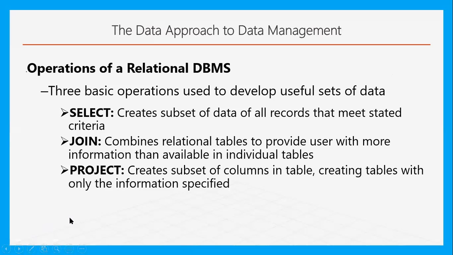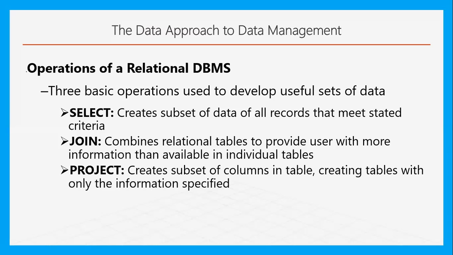Sa data operations of a relational DBMS, Database Management System. Three basic operations used to develop useful sets of data. First, select, create subset of data of all records that meet stated criteria. Join combines relational tables to provide user with more information than available in individual tables.